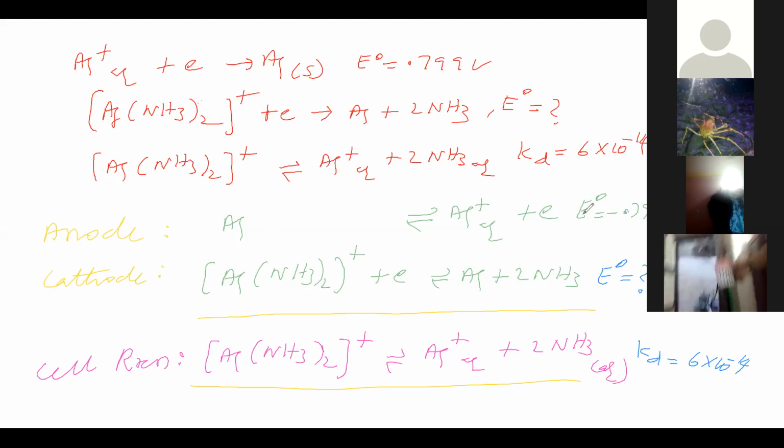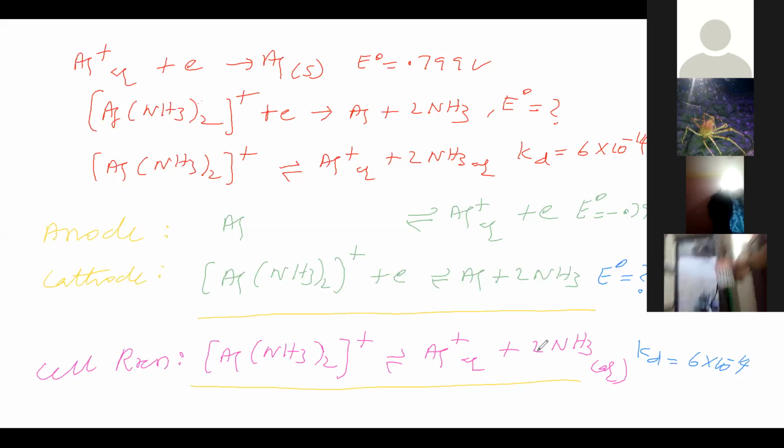See, this E naught is known, and this E naught is unknown. For this, Kd is known, in the sense the equilibrium constant is known. So what relation shall we take? Which formula shall we take? In that formula, what terms should be there?